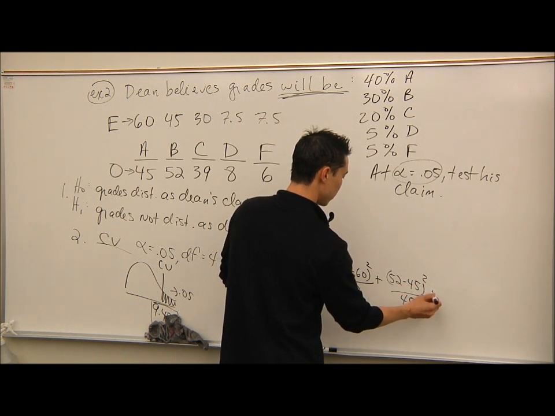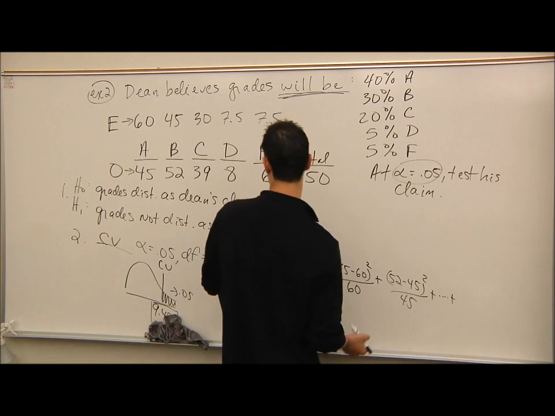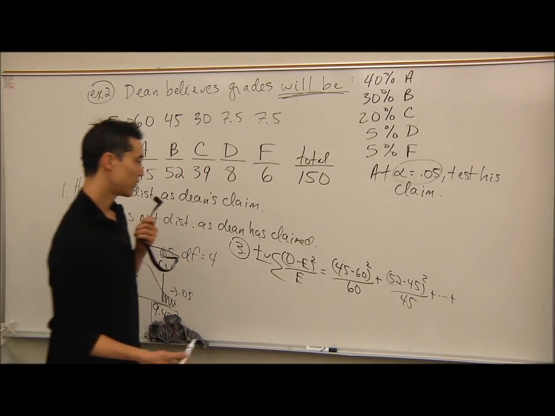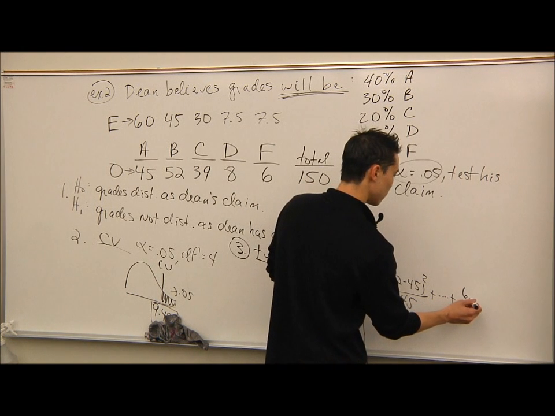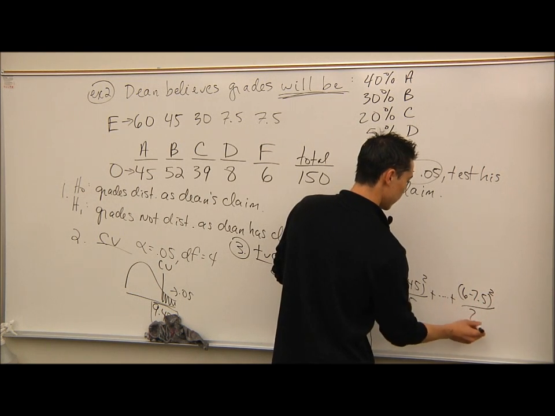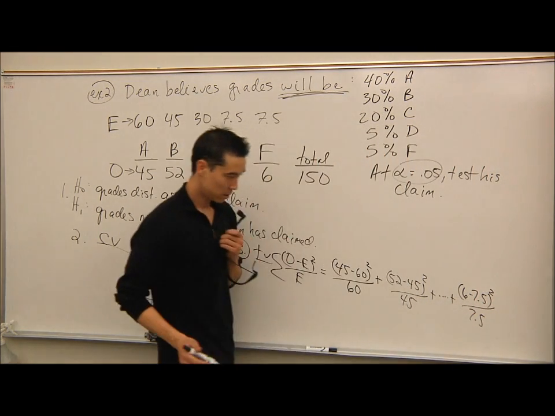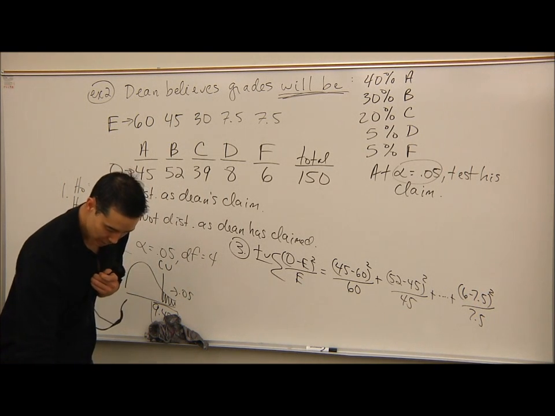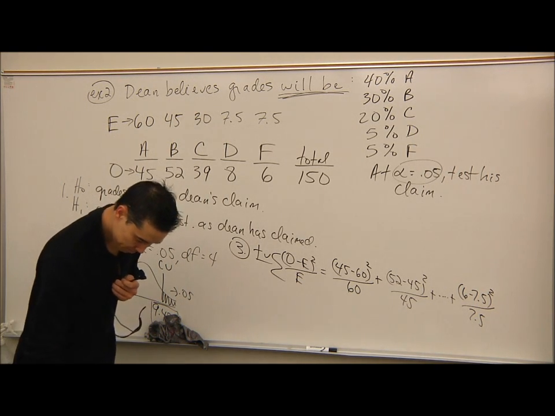I'm just going to cheat and put plus dot dot dot and go to the last one. 6 minus 7.5 squared over 7.5. Okay, let's add these up. It's going to take a couple minutes here.